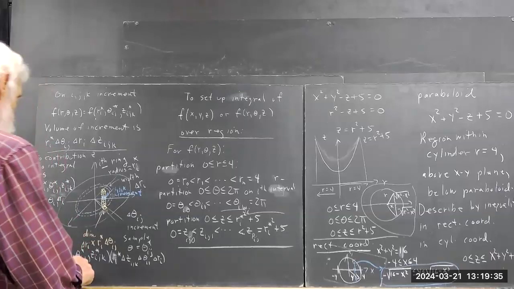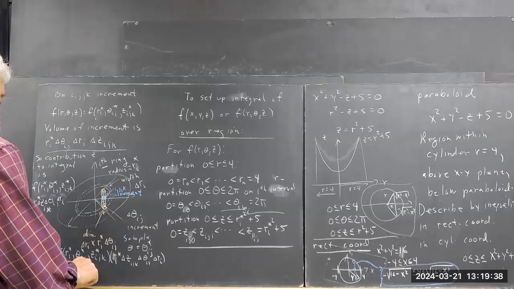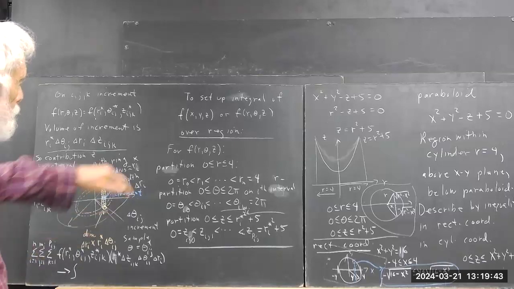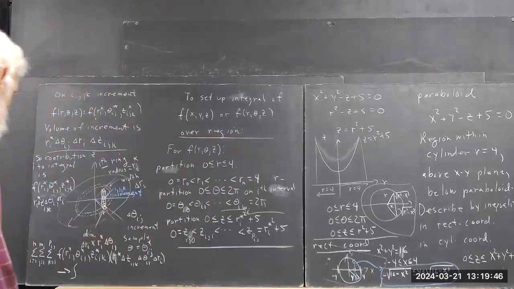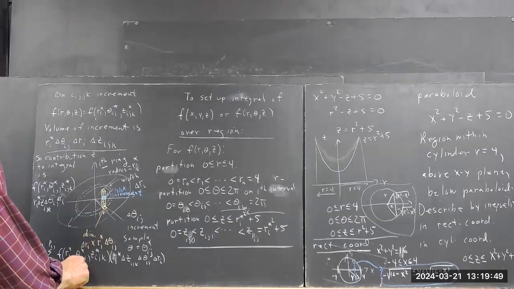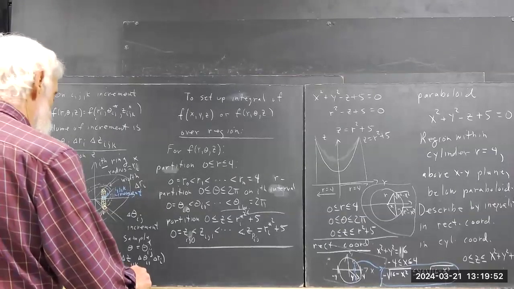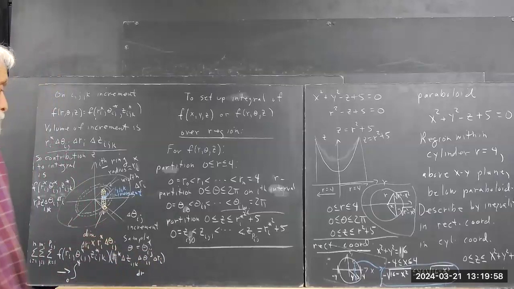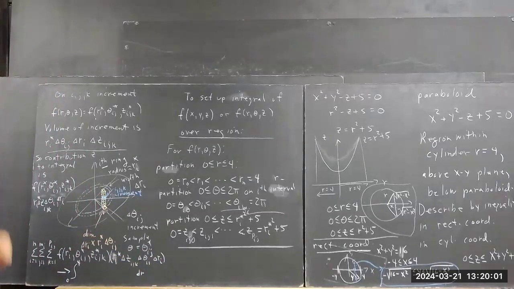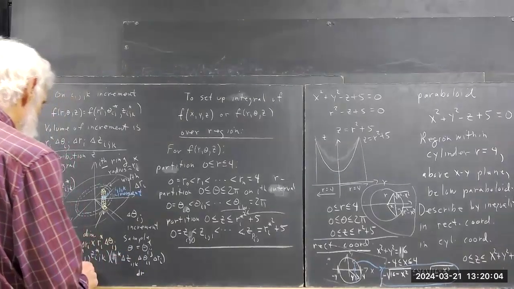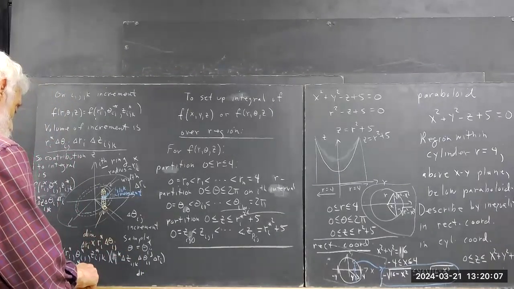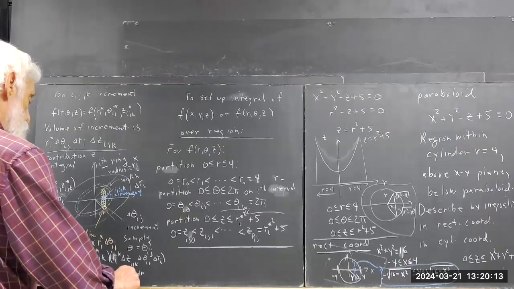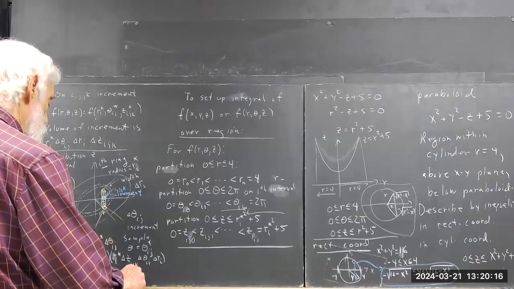And this approaches then the integral. I would have to leave myself room to write some stuff in the integral. R is partitioned from 0 to 4. So r is going to go from 0 to 4, and we'll have a dr here on the end to replace our delta r sub i. And then theta is in the middle, and theta is going to go from 0 to 2 pi, so that's going to be a d theta.